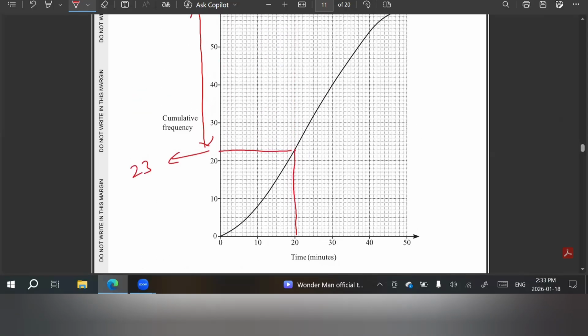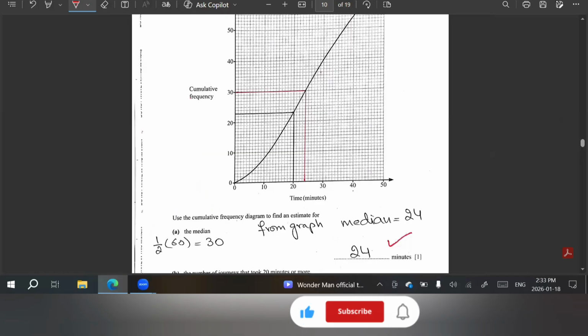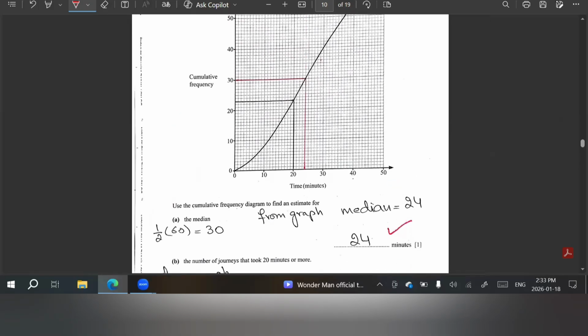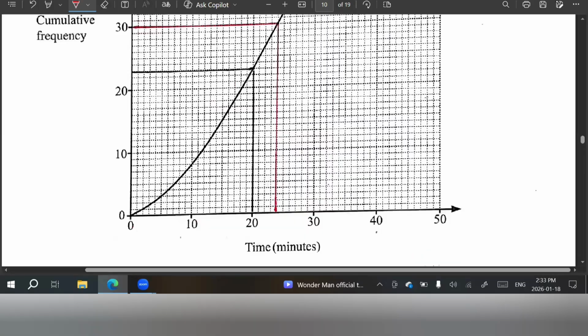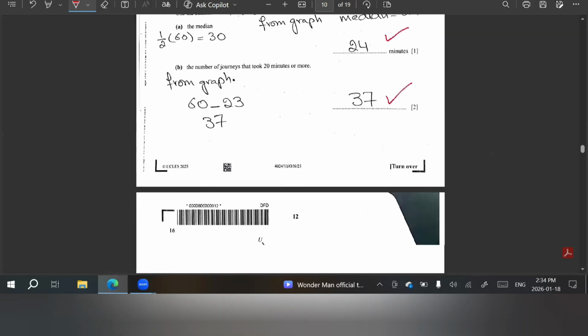So I will get 23 here. From the total, I will subtract this. Very simple, sir. Let me show you. Here I have done this. From 20 minutes, I went to the graph, and from there I checked the value of y here: 1, 2, 3, 23.